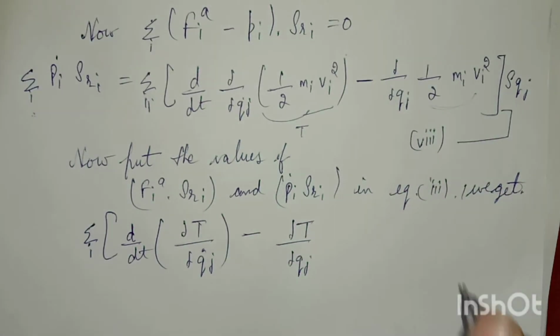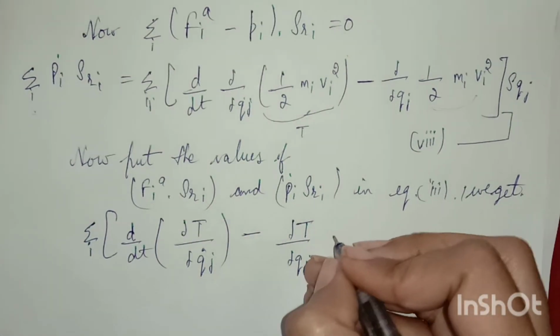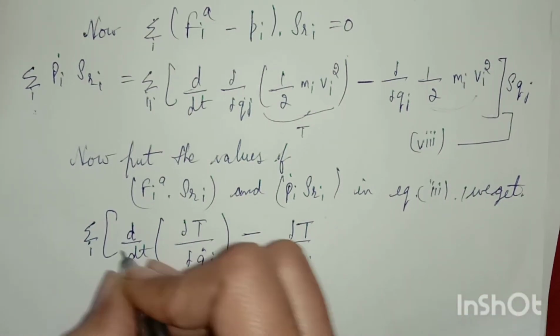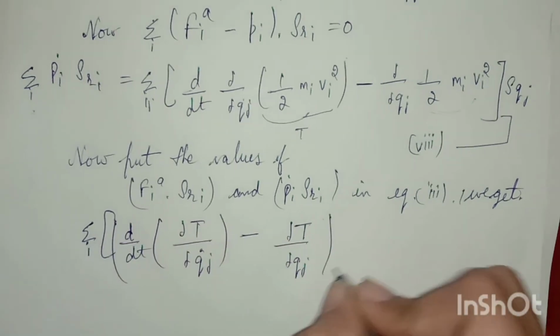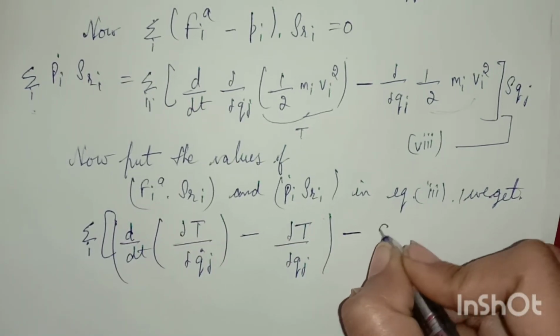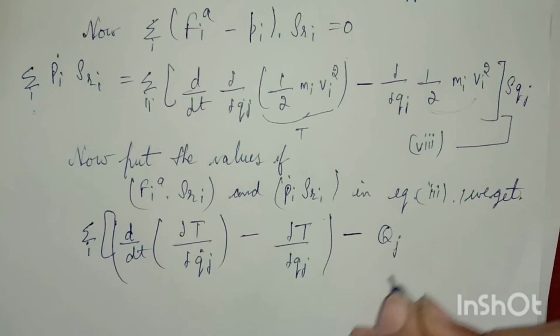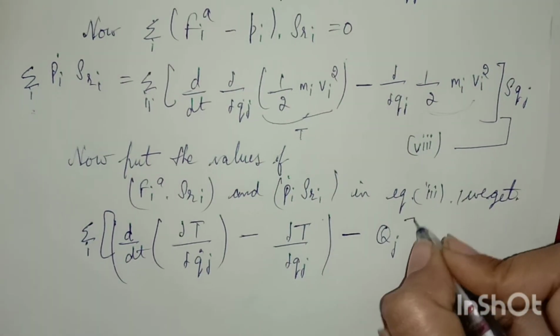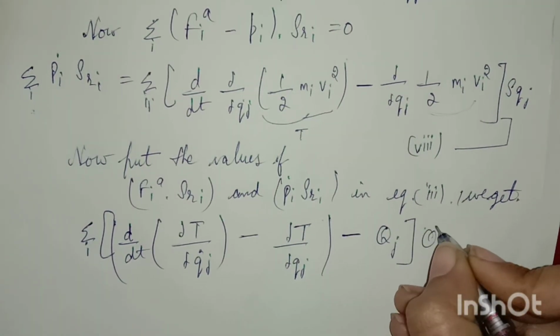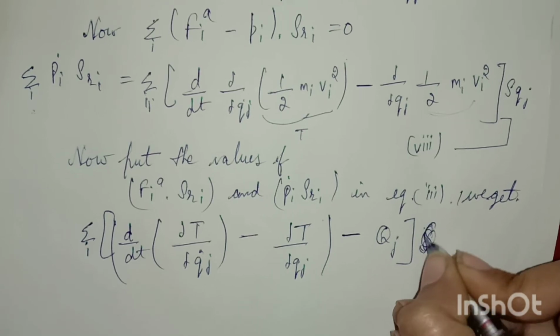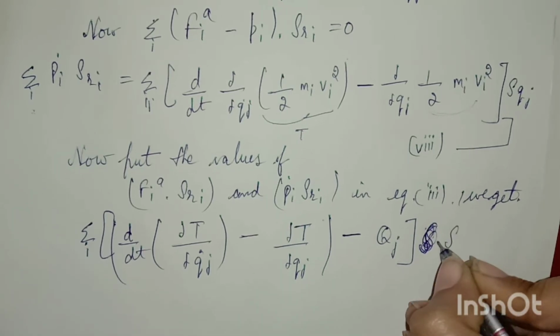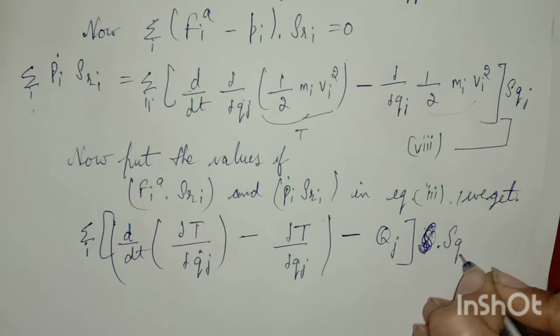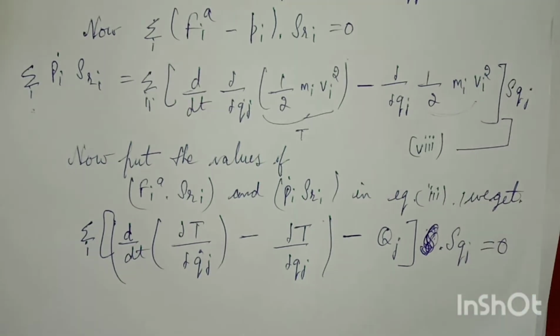So in place of this we can write T minus Q_j, which is our applied force, then bracket close, δq_j is equal to 0.